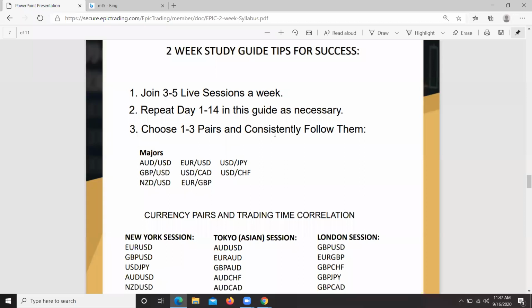So if you were to choose 1 to 3 pairs of currency to trade and you consistently follow them and you know that the market moves in these 3 directions every single day, when you start mastering and studying this concept, how can you not become profitable? Right? So that's just where I'm at there.